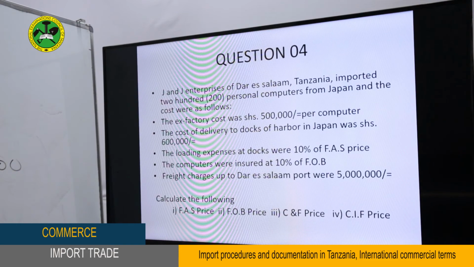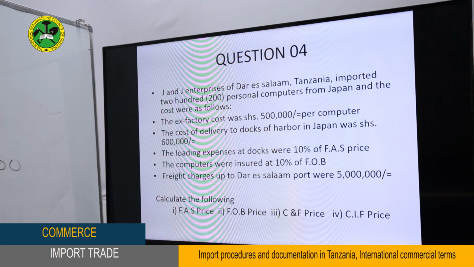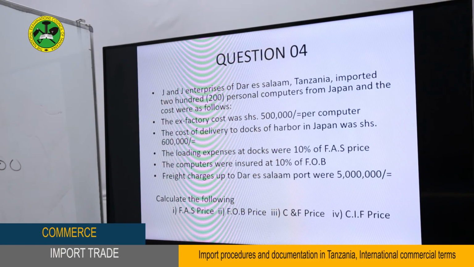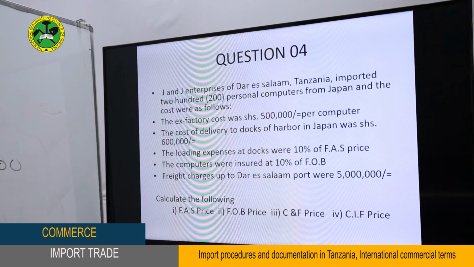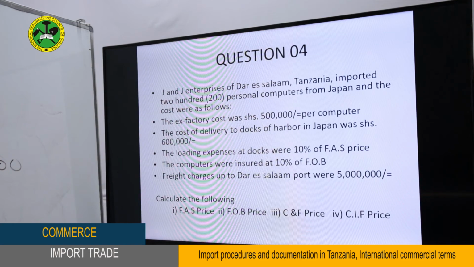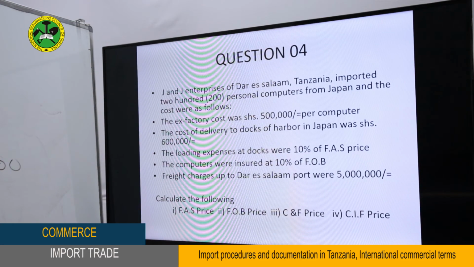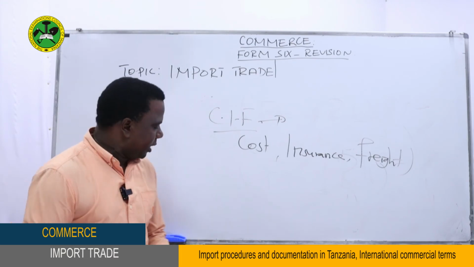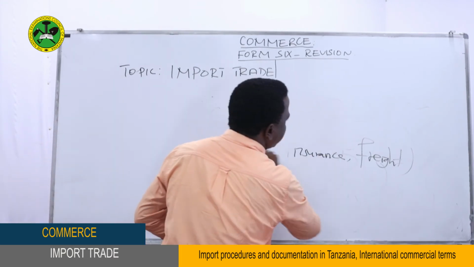It means it's the cost from the factory, but the cost of delivery to the docks of the harbor in Japan is 600,000.